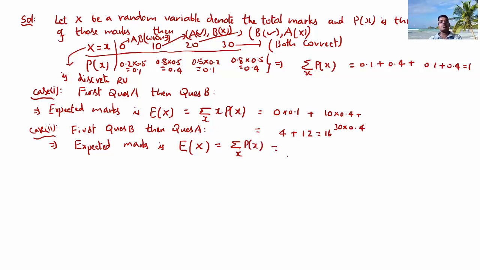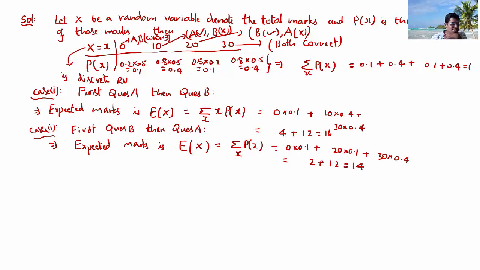Again, for favorable cases, first question B, then question A, the marks are 0, 20, 30. So 0 into 0.1 plus 20 marks into 0.1 plus 30 marks into 0.4. This simplifies to 2 plus 12, equal to 14.